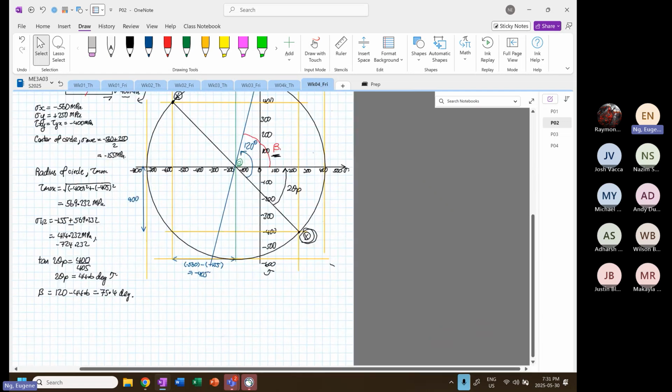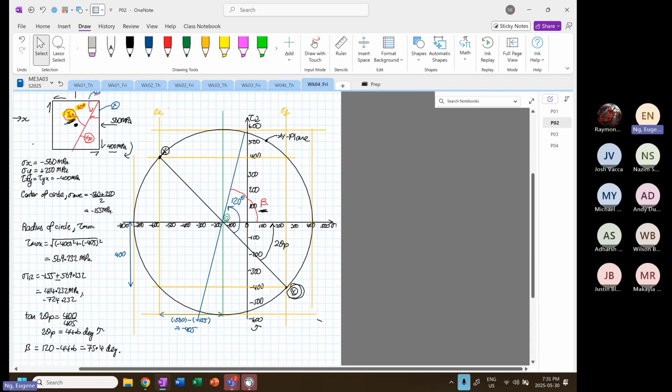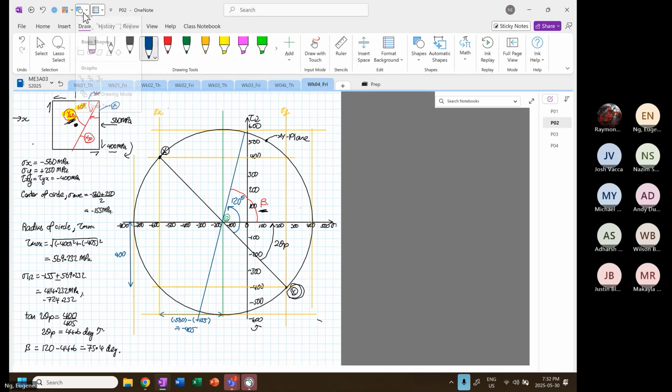So what we have got is, we know this dimension, or this distance, or this length over here, which is tau max, and also corresponds to the radius of our circle.